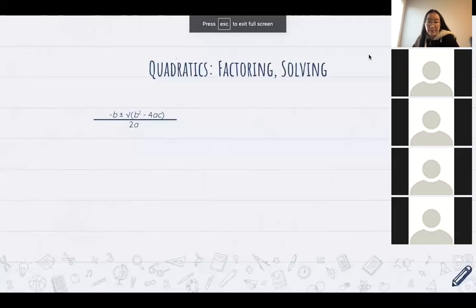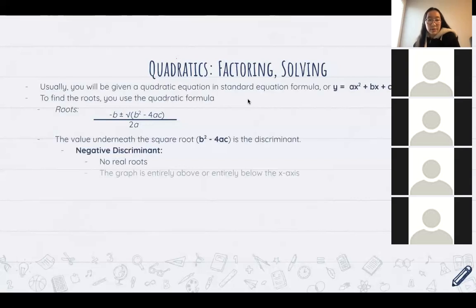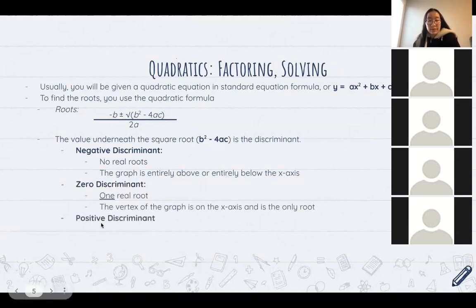So write down negative discriminant equals no roots, 0 discriminant equals 1 real root. Positive discriminant is 2 real roots. And then we'll also write down b squared minus 4ac is the discriminant.